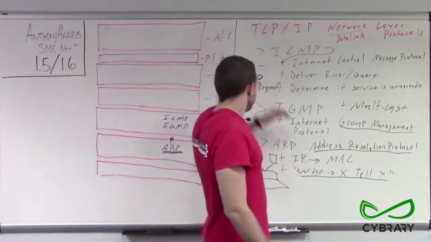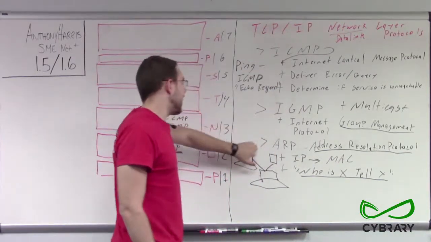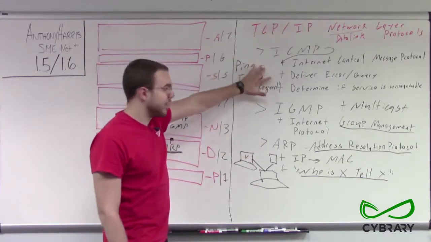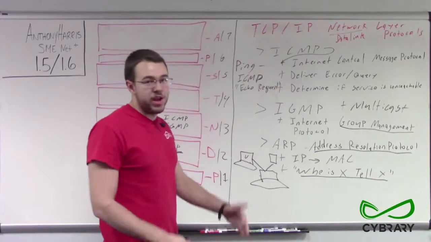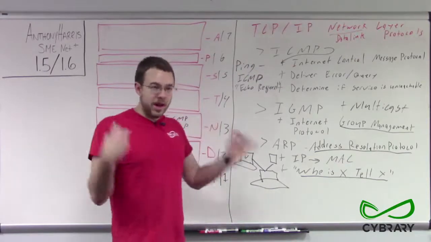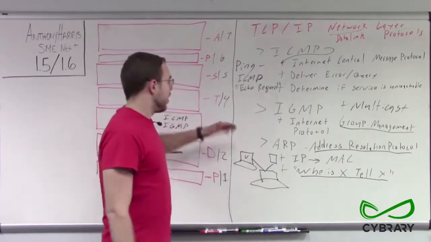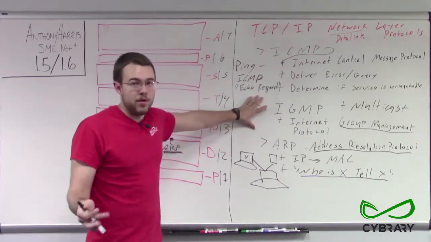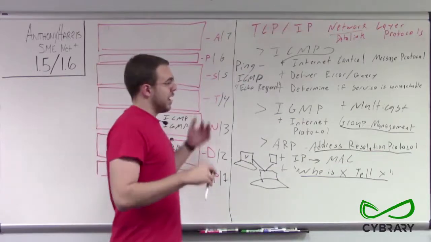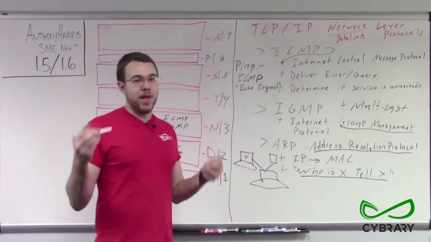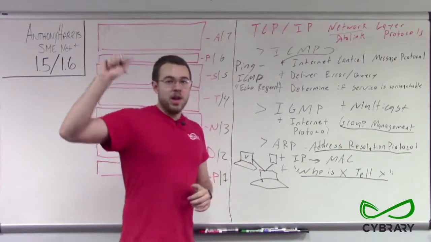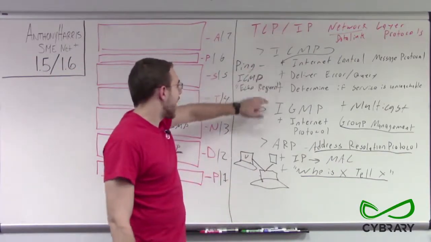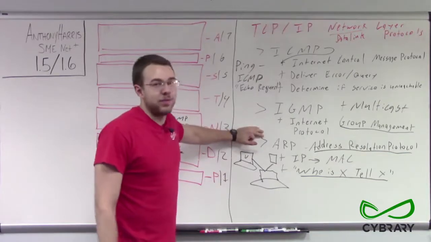So that's our ICMP, IGMP, and ARP protocols. These are network and data link layer protocols that do not have associated port numbers, because we're not sending directly to a port number. So don't get these confused with our later protocols that do have port numbers, or run into a situation where, if you're on a test and you see a question like, which of the following protocols is the default protocol for port 80, and ICMP, IGMP, and ARP are 3 out of the 4 answers.